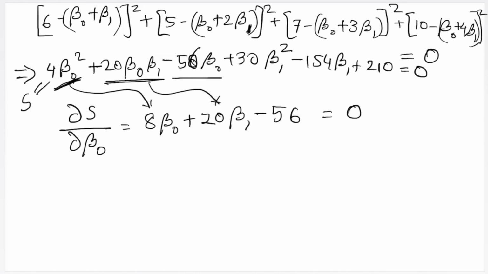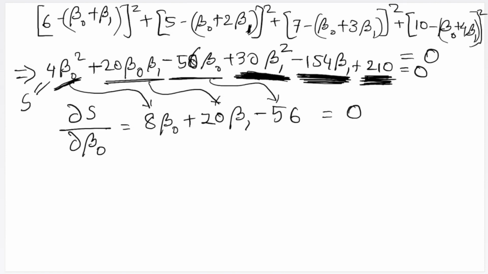If you take a partial derivative of negative 56 beta naught with respect to beta naught, it will be negative 56. If you take partial derivative of this term with respect to beta naught, this particular term is a constant, so this will become 0. This part does not have any beta naught, so a derivative of this part with respect to beta naught will be 0. This is a constant. As a result, the partial derivative of this part will be 0.